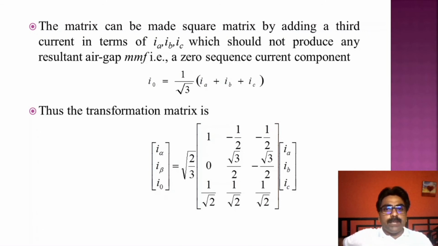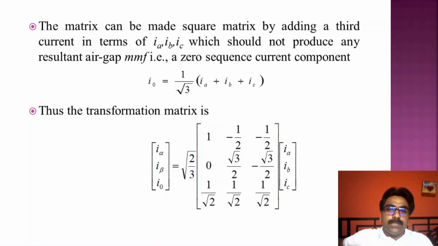Just in order to make it a square matrix, we are adding a third current component, which should not affect the system. So here we are adding a third current component in terms of A, B, C, which does not produce any resultant MMF, or it can be called a zero sequence current, right?